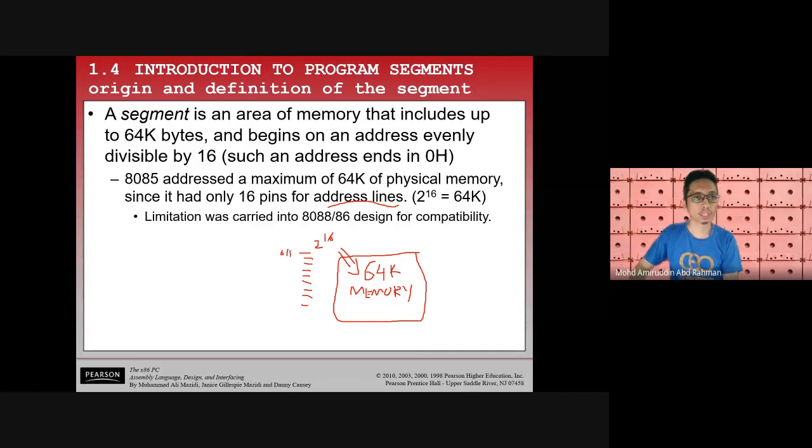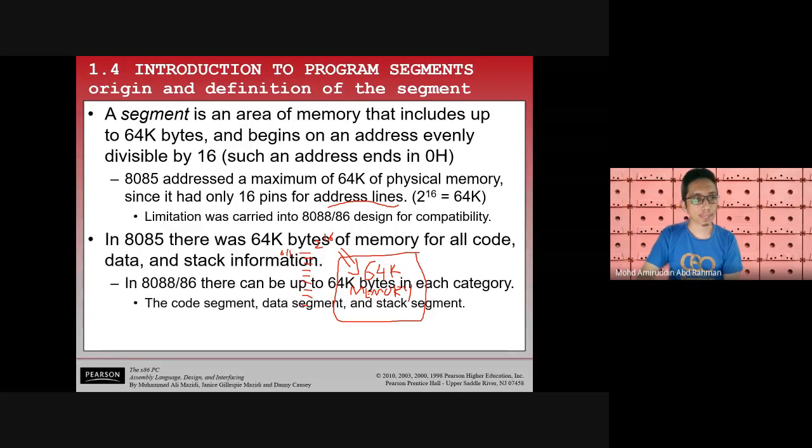Okay, the limitation was carried into the 8086 processor design for compatibility. In the 8085, there was 64K bytes of memory for all code, data, and stack information. In the 8086, there can be up to 64K bytes in each category, meaning that we have 64 times 3 kilobytes of information, one for each category.